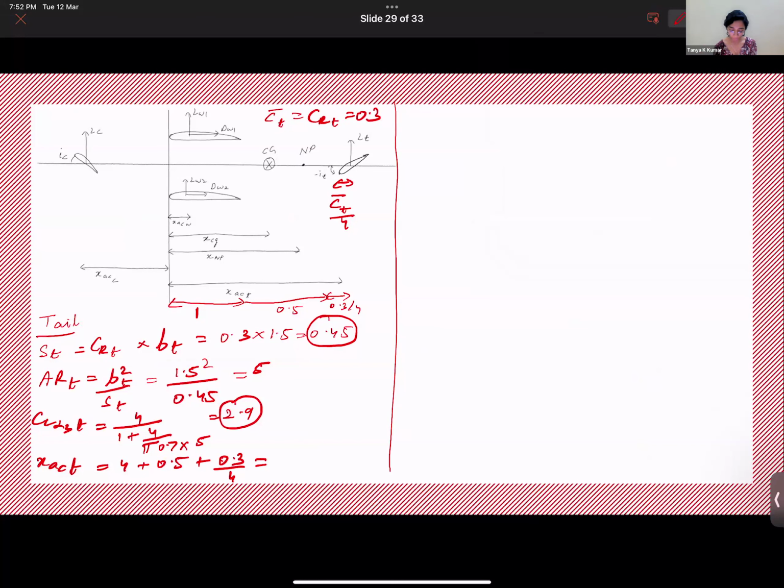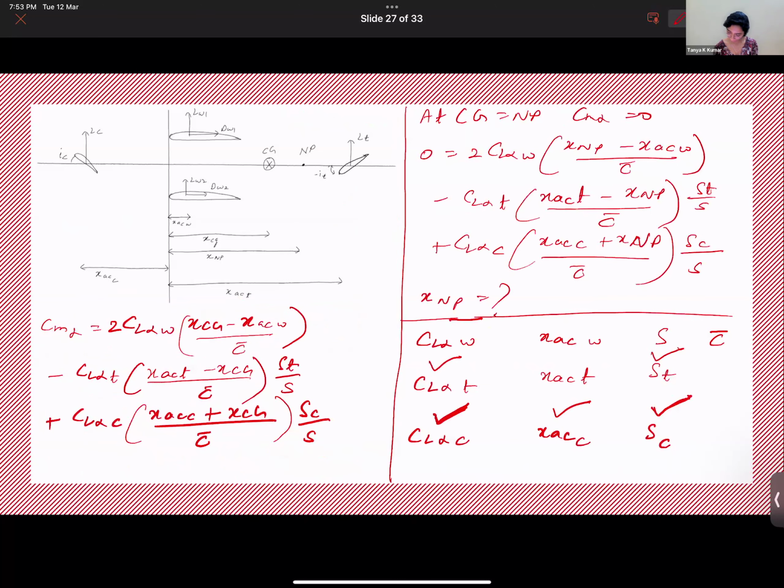So what is this value? 1 plus 0.5 plus 0.3 by 4 is 1.575 meters. Okay, so you have this also.